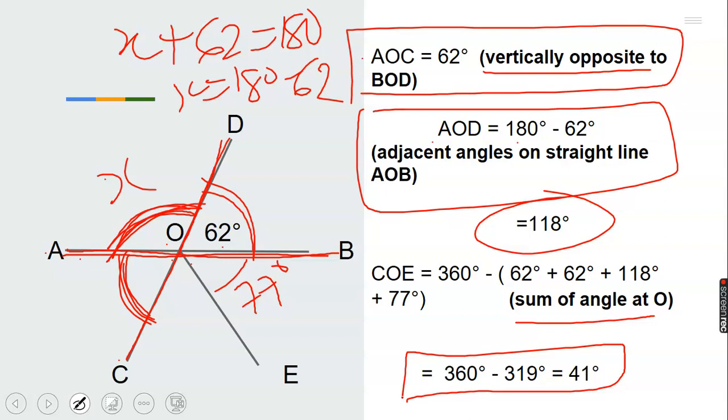Don't forget, you can also use other properties to get it, but the straightforward one is calculating everything, because we have this point, here, and here. Only this part is missing. We can then use angles at a point.